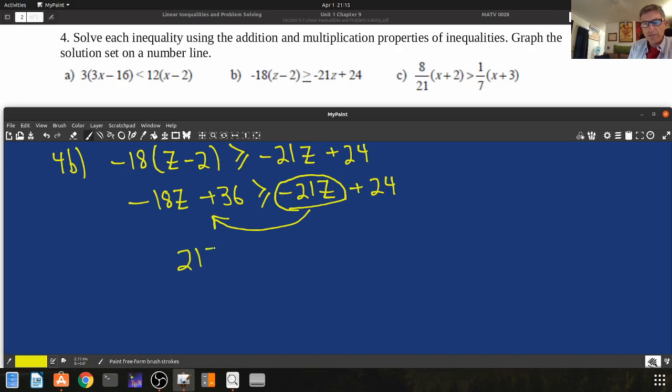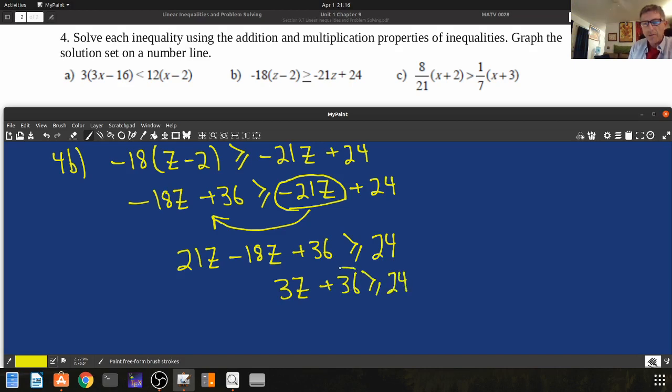So I have 21Z minus 18Z plus 36 is greater than or equal to 24. 21Z minus 18Z is 3Z plus 36 is greater than or equal to 24.